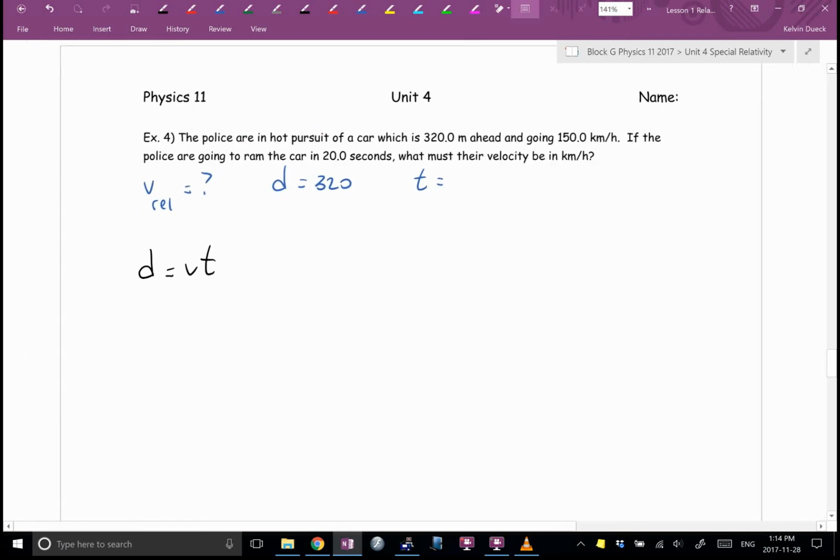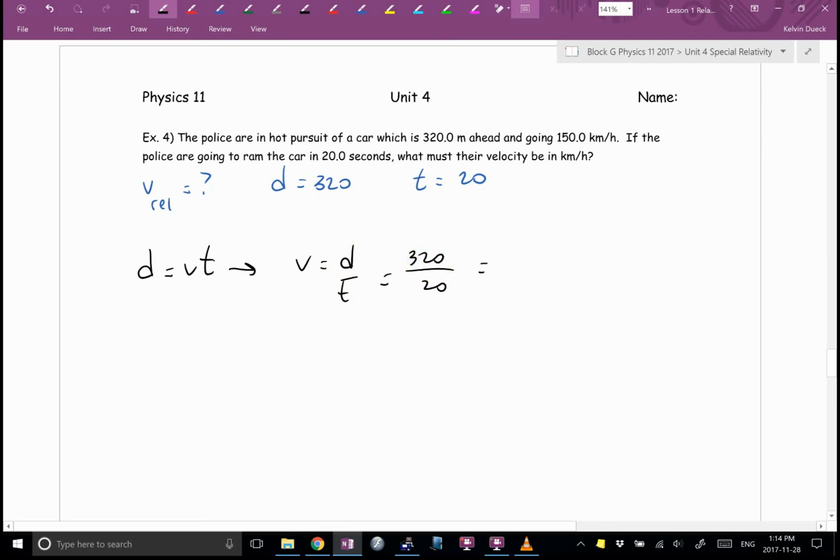Oh no. So this will give me an answer in meters per second, I think, if I get the v by itself. v is going to be d over t. Is that okay? It's going to be 320 divided by 20. I can do that in my head. Double check me. Is it 16? 16 units. This is meters per second.